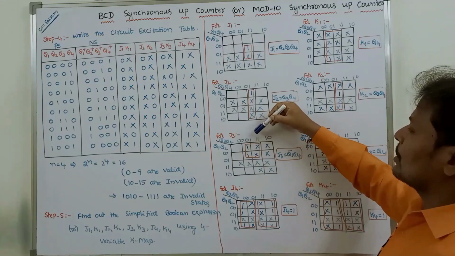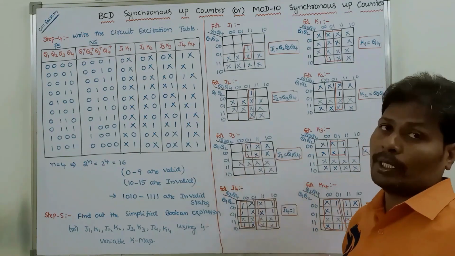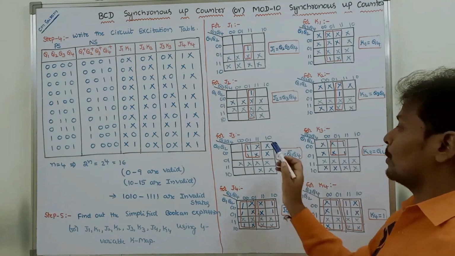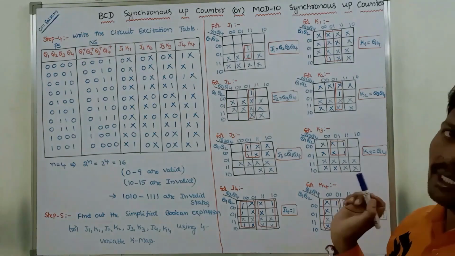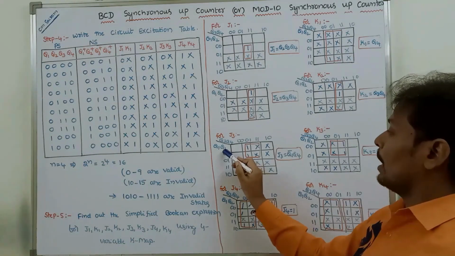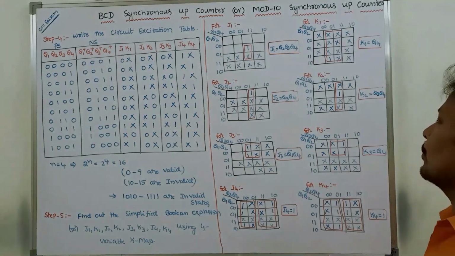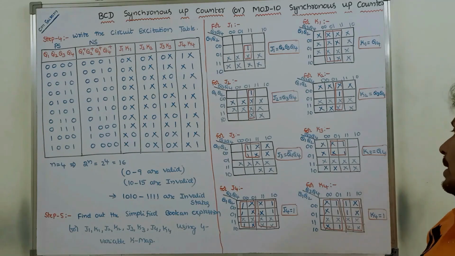The first digit, 0 and 1, are different, so we have to ignore Q3. The second digit contains 1, 1, both are the same. We have to consider Q4. Q4 value 1 is nothing but Q4. Here we write Q1 bar, here we write Q4. So Q1 bar Q4 is the simplified expression for J3.